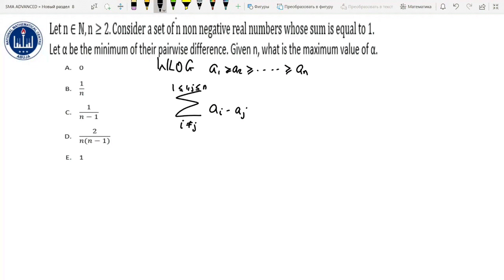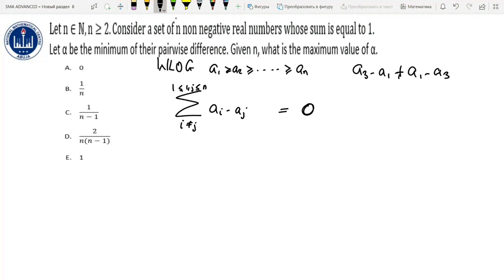The reason I brought in this summation is that when we add all the possible terms together, we get a sum of 0. It's not difficult to see why, because in the special case when n was 3, we noticed that a3 minus a1 was different from a1 minus a3. So when you add these two complements together, you get 0. For each term here, you can always find its complement, so you can add two of them together, and at the end of everything, just get a bunch of zeros.